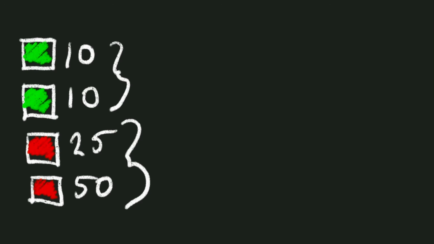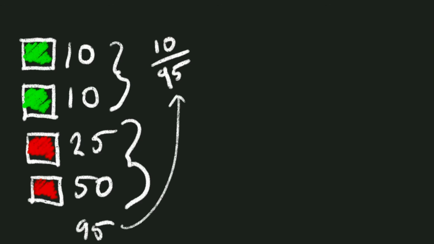So 10 plus 10 plus 25 plus 50 is 95. And then the percent chance of any one of those fish biting is just its weight divided by the sum of all those weights added up. So that's where that 95 comes from. Following me so far? This ends up being around 10.5% or something like that.